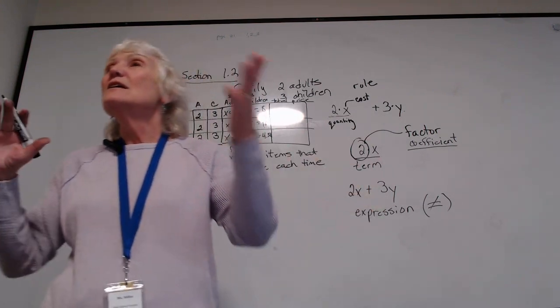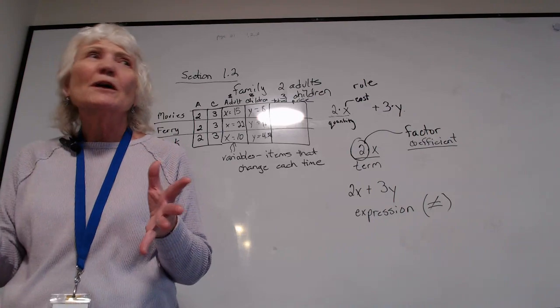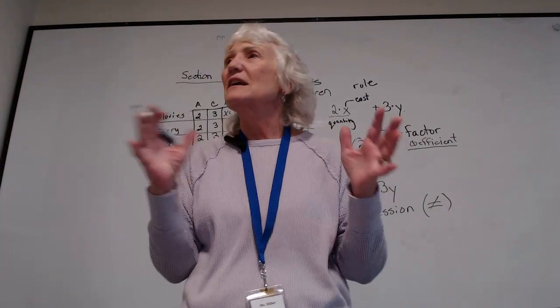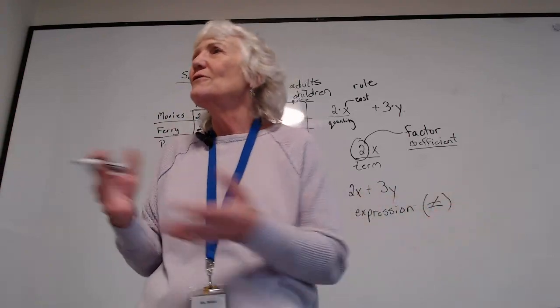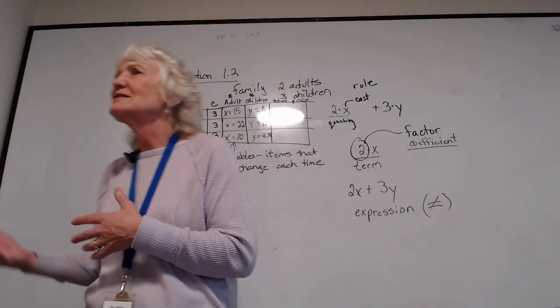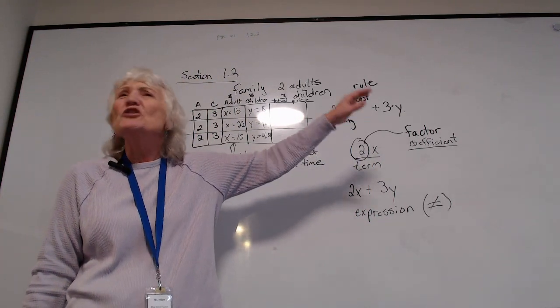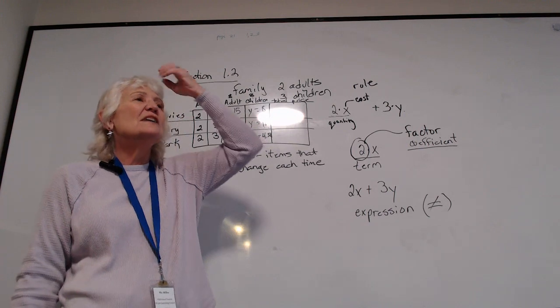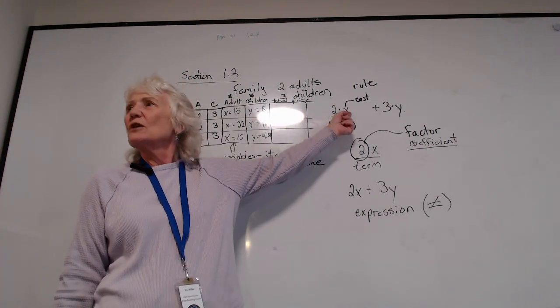And in life, formulas are what you use. So in your job, you may have a specific formula that you need to use over and over again, or several formulas that you have to use over and over again. But every time you go to the store, you're really using something like this. Now you have a couple variables in your store. It's the quantity times the price of the item.